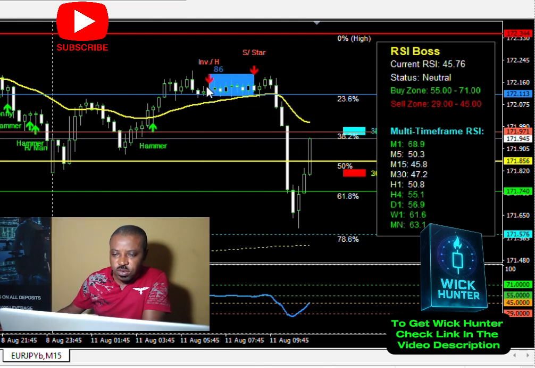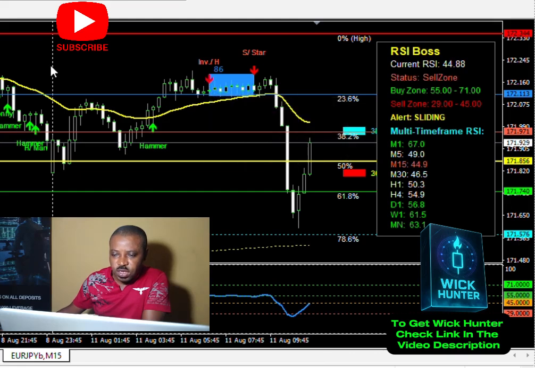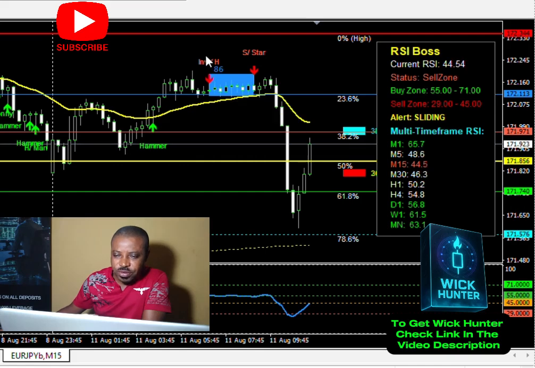So this candle is an inverted hammer, this other candle is a shooting star. So the logic for your trade entry is you enter at the beginning of the next candle and your stop loss comes above the label.